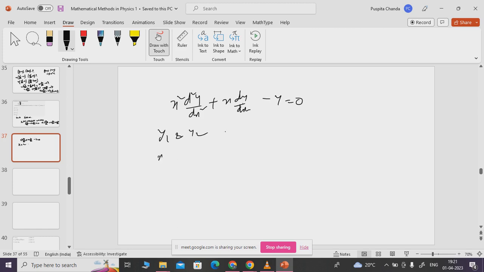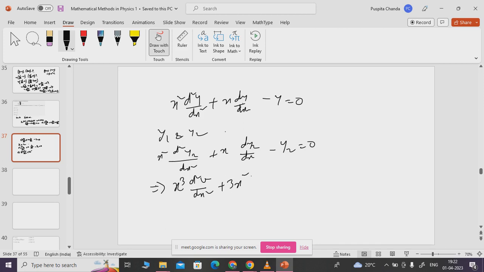So x into dy dx minus y is equal to 0. So y1 and y2 both will satisfy it. So x square d2y2 dx square plus x dy2 dx minus y2 is 0. We know what d2y2 dx2 and dy2 dx are.